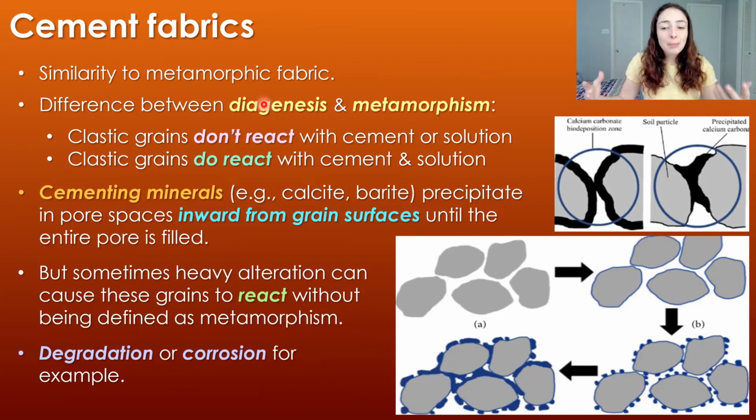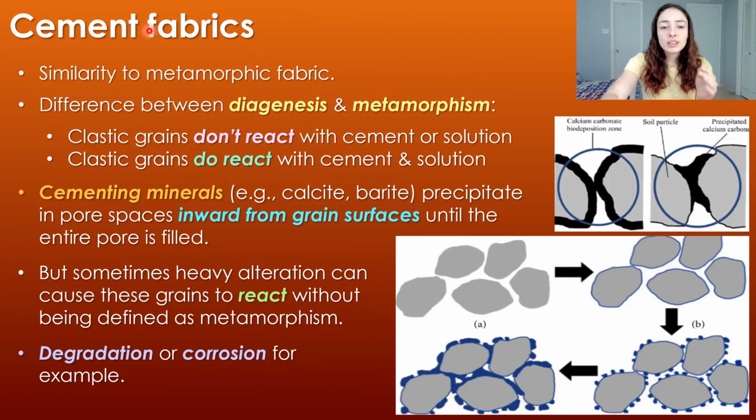Now, this is all happening during burial and during pressure and compaction, and if burial becomes deep enough, there's a lot of similarities between what's going on here in terms of deformation, precipitation, and all that to metamorphic processes.